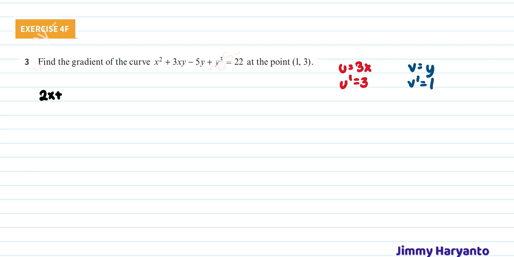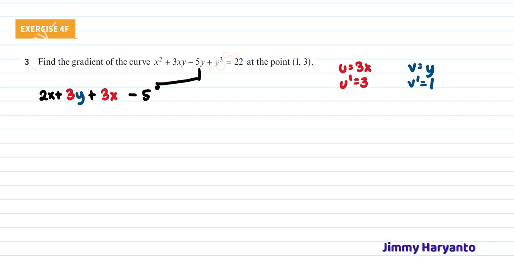The formula is u prime v plus u v prime. V prime is 1, so we are done. Next is the negative 5y will become 5, but don't forget to put dy over dx, and then for the y cubed it will be 3y squared.